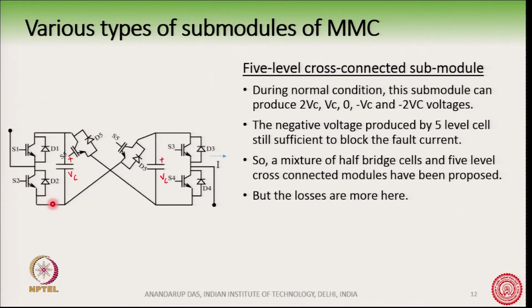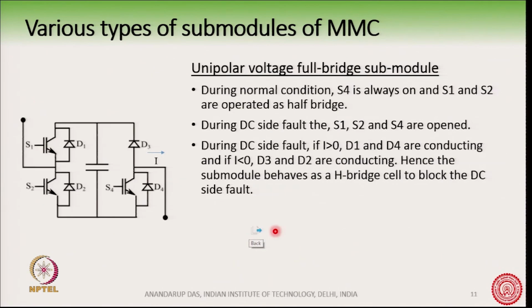Therefore, you can see here you can get 2 Vc, Vc, 0, minus Vc and minus 2 Vc between these two points. So, how can you get 2 Vc? Say it comes here, this is plus Vc and another plus Vc. If you go like this, minus Vc, minus 2 Vc goes out like here.